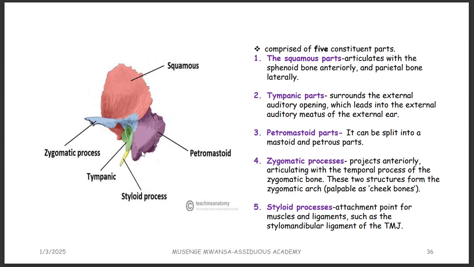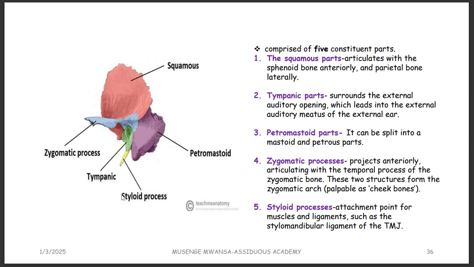This part that is prominent down here is what we call the mastoid process. You can even touch it yourself. Just behind your ear, you are going to feel the hard part. That's the mastoid process. Okay. So these are the parts of the temporal bone.